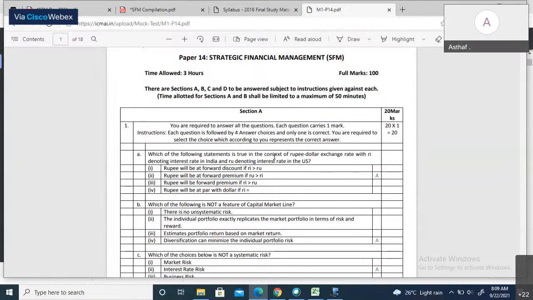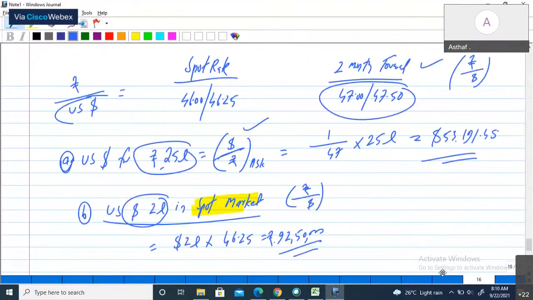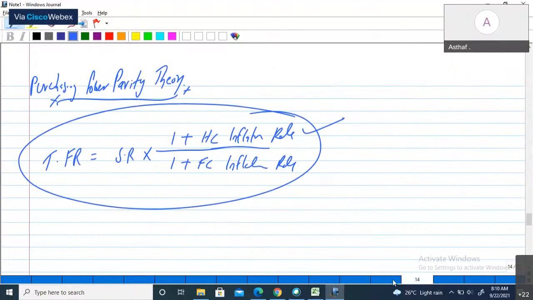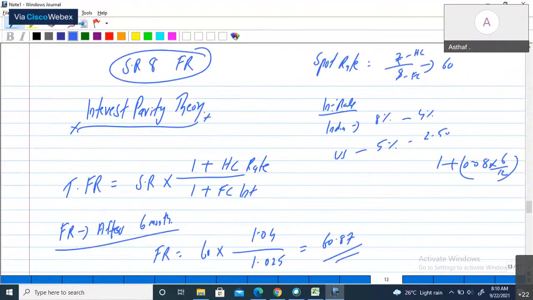Which of the following, in the context of the dollar exchange rate with rupee denominating interest rate in India? The rupee will be at a forward discount. See, just now I told you I have not opened it. Just one example here. When we kept 8% and 10%, 60 was the rate and we got somewhere around 58.